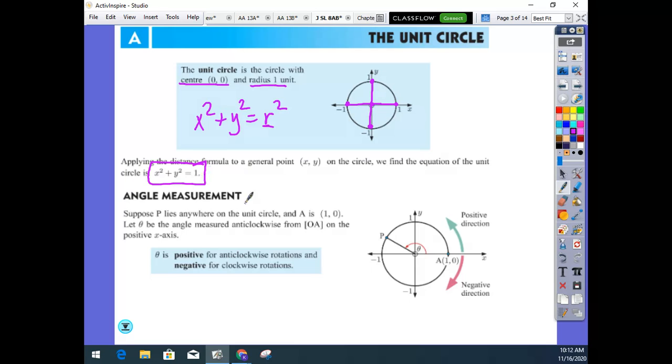All right, angle measurement is pretty important. First of all, angles created for the unit circle start here. This is 0 degrees, and this is our initial side of the angle.